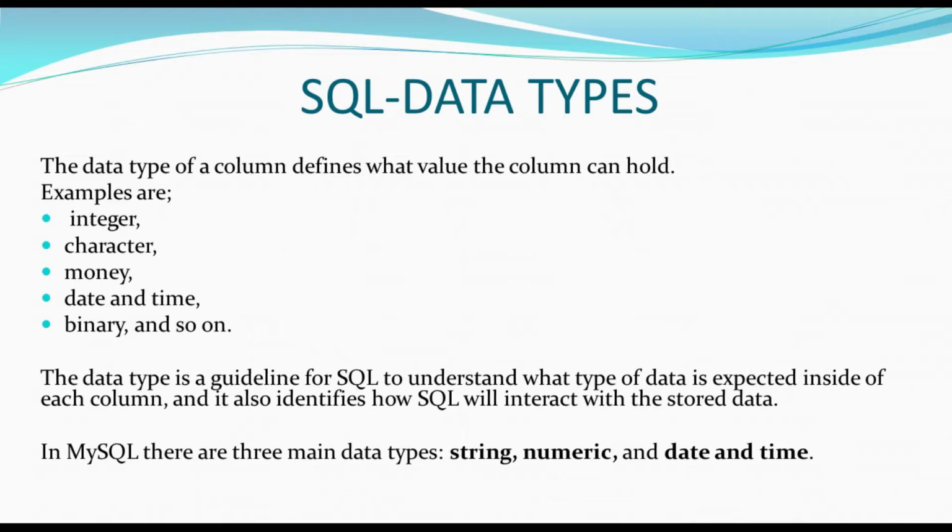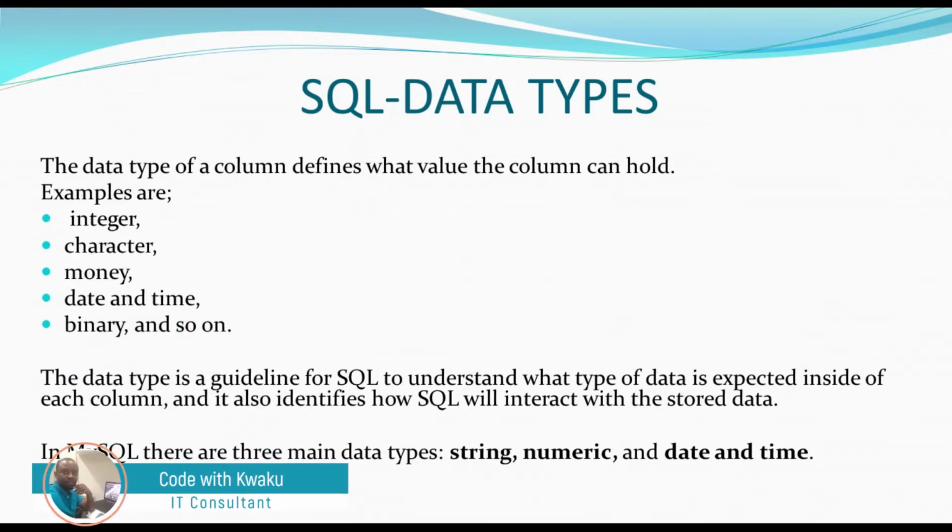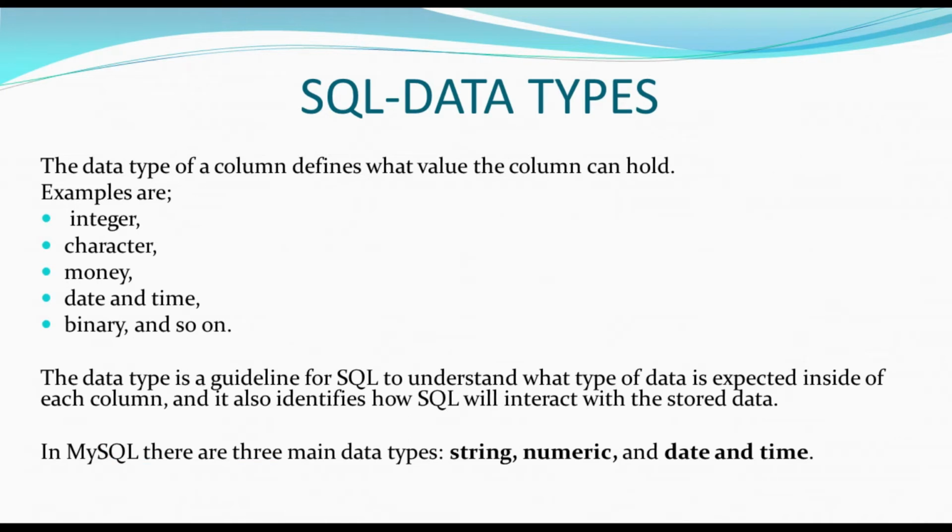So in SQL there are a lot of data types that we can talk about, but the basic ones are integers, which take numbers, then characters or money. You can set a field to take money as a value, date or time as a value, binary, float numbers, and so on. As we move on, we will see the different data types.